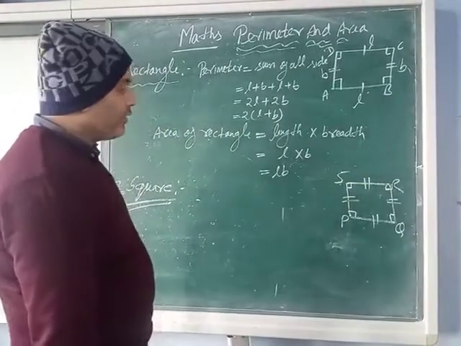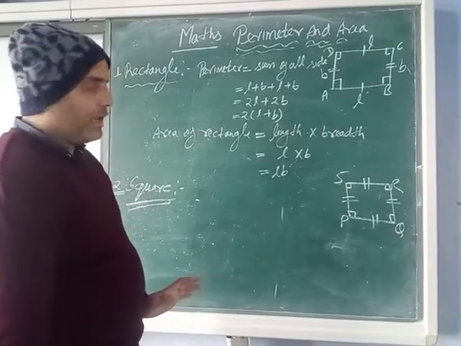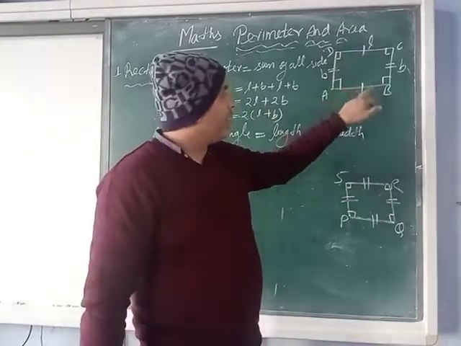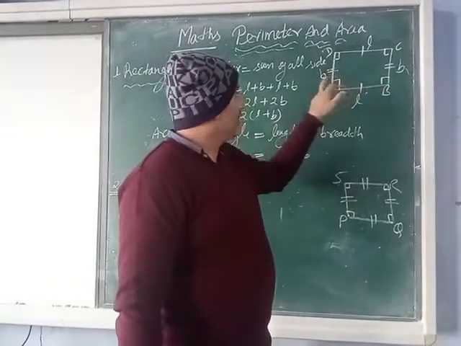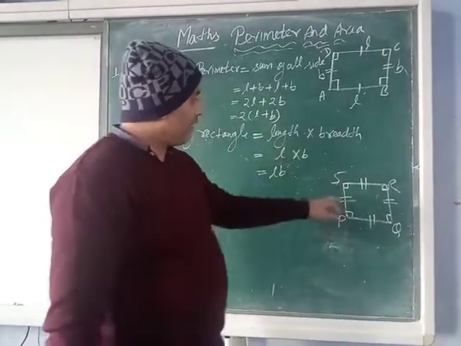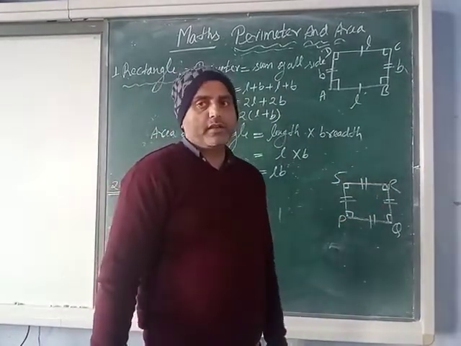Okay. So in a square all sides are equal and all angles are 90. Here I have written one line. Why? Because these opposite sides are equal. These two lines means these two lines are equal. Here I have all in two lines, meaning all sides are equal.